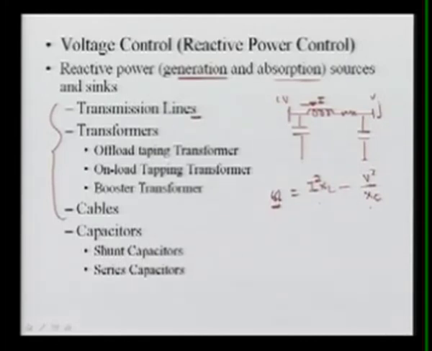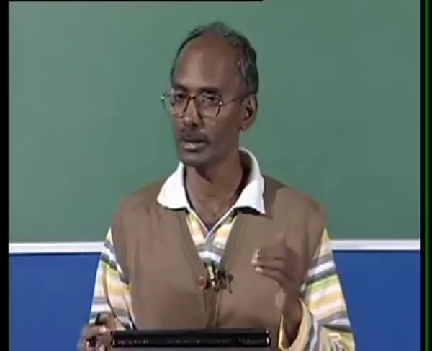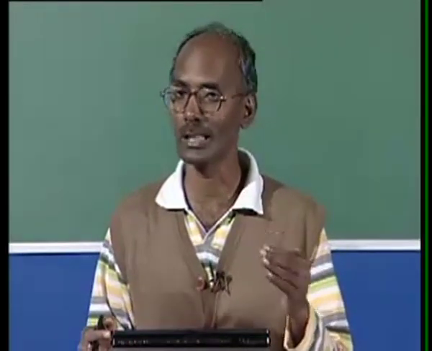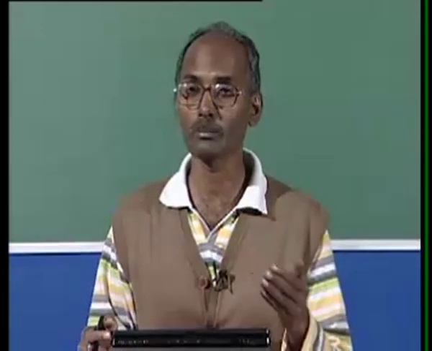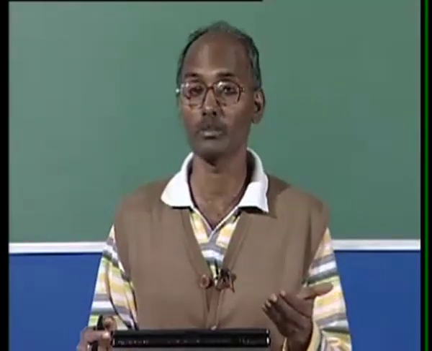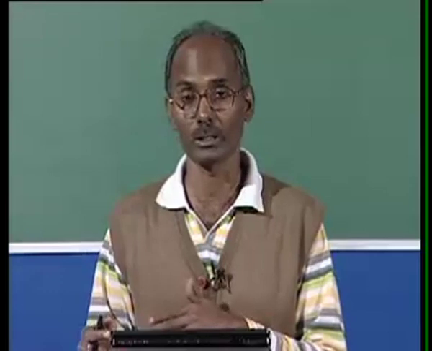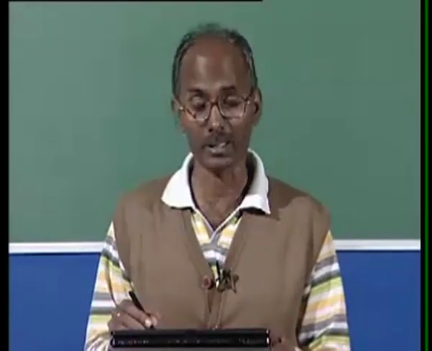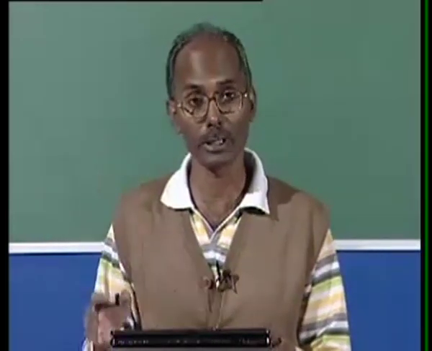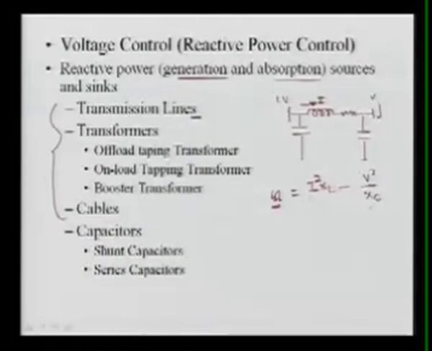How come? You can see there are two elements, the voltage and the current. The operating voltage variation is very limited. It will only change plus minus 5% or maximum plus minus 10% in a lower voltage system. But the current can go from 0 to its full rated value. So this value varies quite a lot compared to the voltage, which is almost constant.